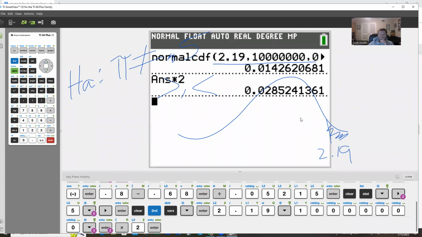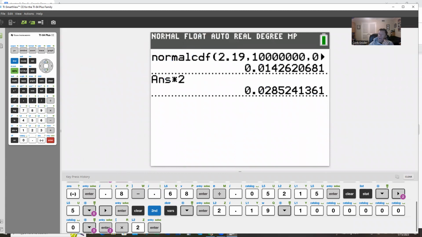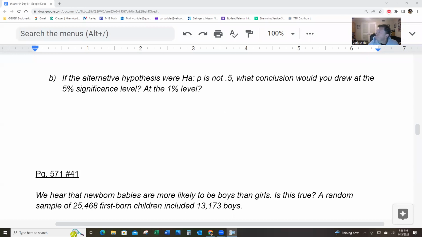Okay. So now what do you do when the statistic is doubled? Now we have 0.0285. So let me go back to this. Okay. So the p-value is now 0.0285.